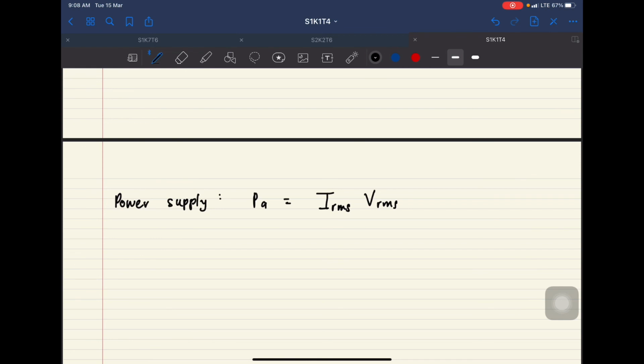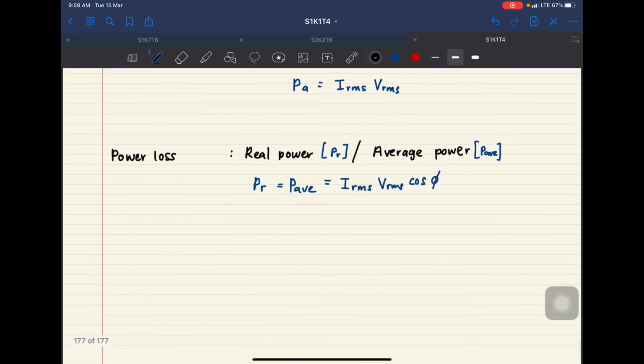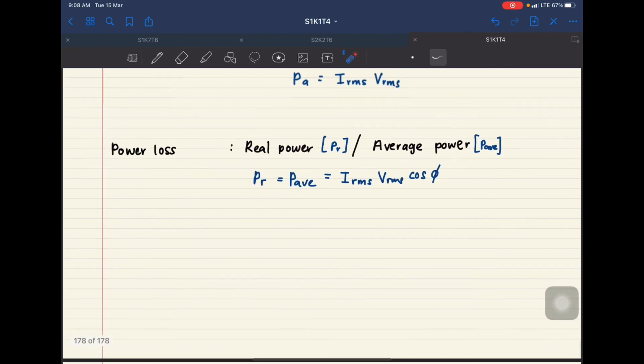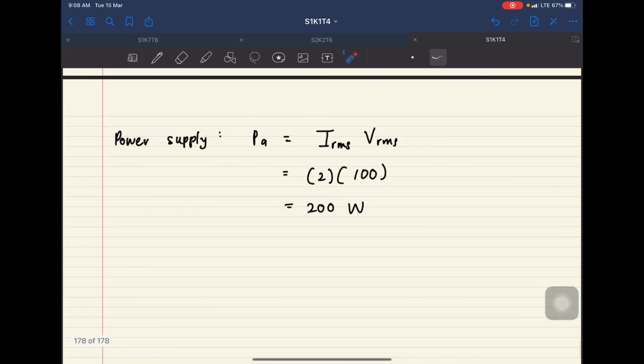Okay, so your I is equal to 2, V is equal to 100, so you should get 200 watt. Okay, this is the apparent power, the supply power. For the actual power that you get, you have to multiply by cos phi, which is R over Z over there.